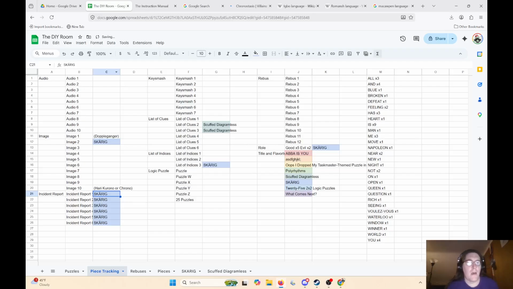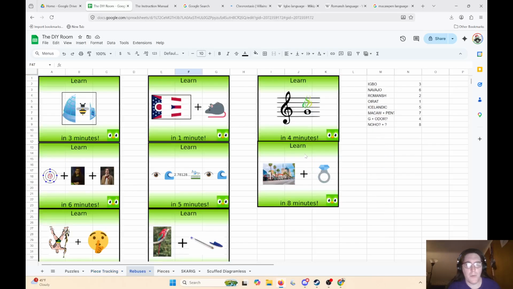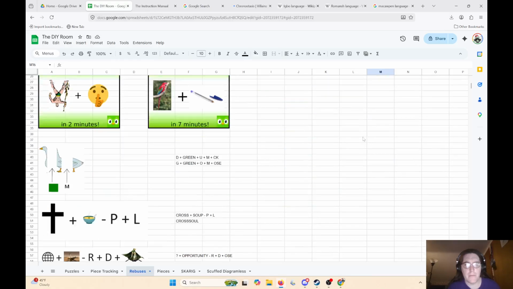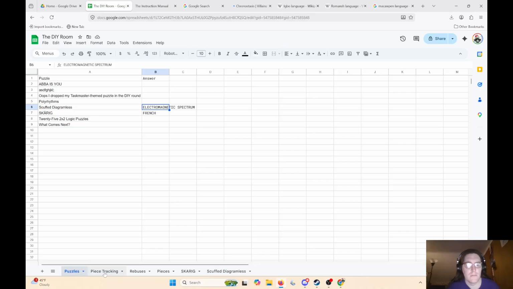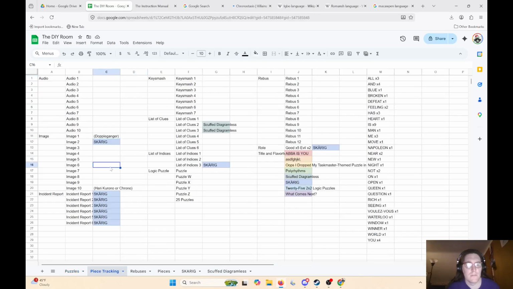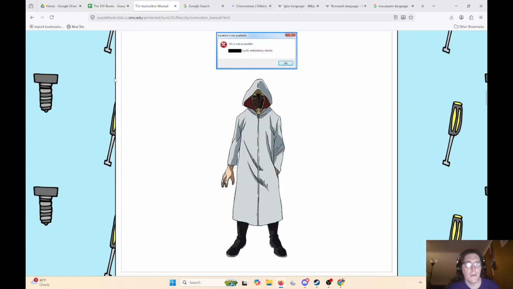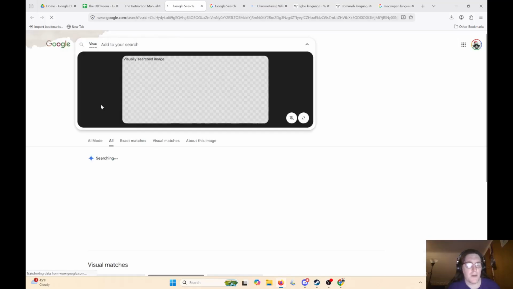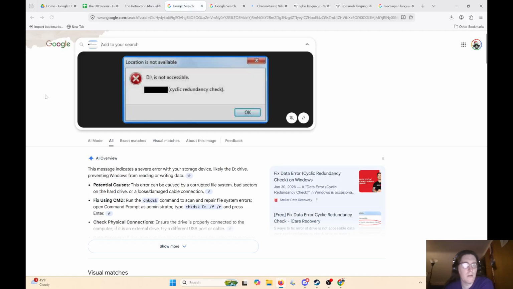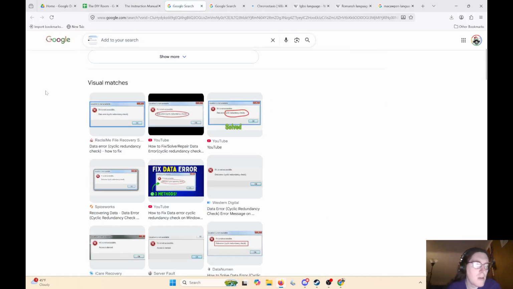Okay. I guess the other thing we could take a look at is, were the rebuses in any order? They're not in alphabetical order. Can we figure out what this is covering? Data error. Okay, cool.